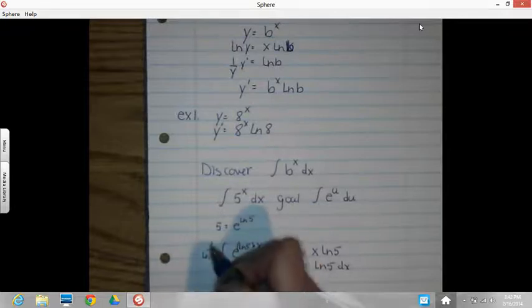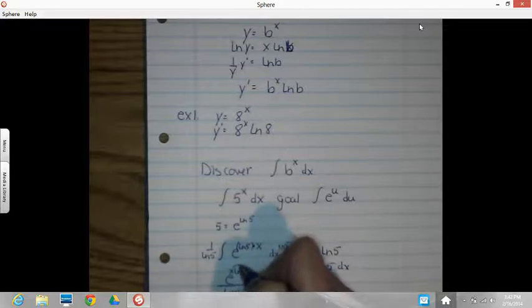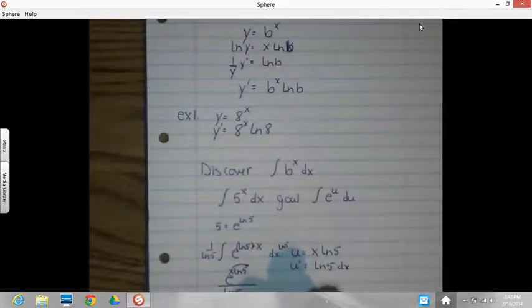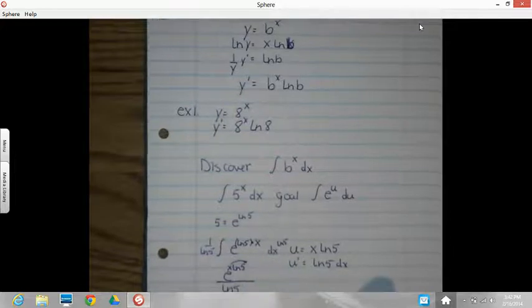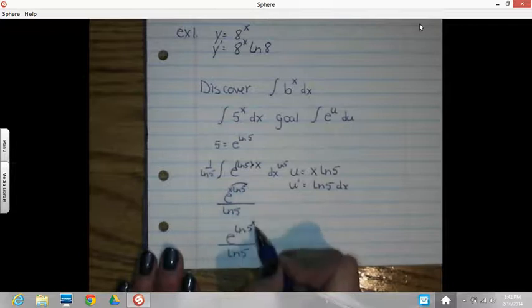Because of the 1 over ln of 5 here is going down here, I'm going to bring this back up as an exponent. E to the ln of 5 to the x over ln of 5. If I do a little simplifying, oops, sorry, brought that x up.